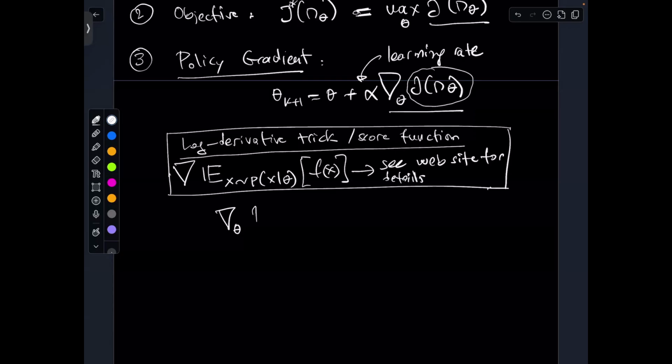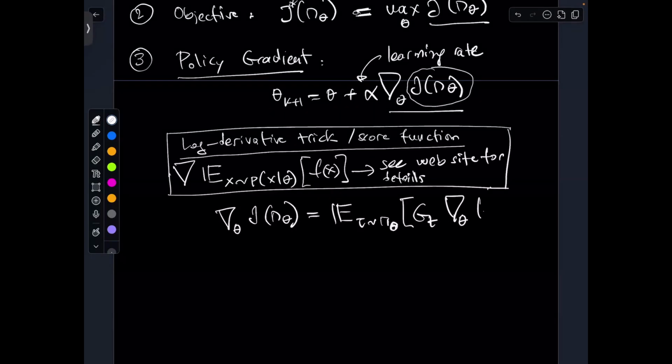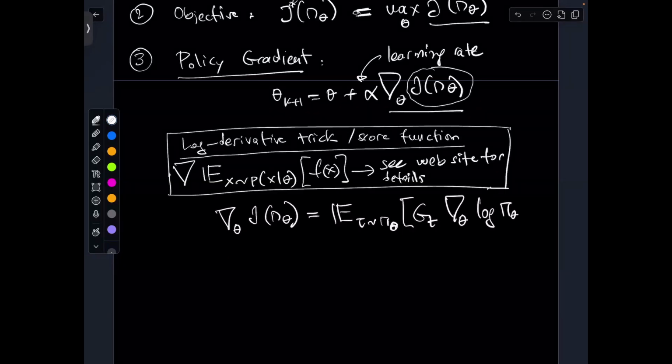The gradient over theta of J of pi theta is equal to the expectation over trajectories generated by sampling this probability distribution, which in this case is our policy pi theta, of the sample return G_t times the gradient over theta of log pi theta, and that's basically it.